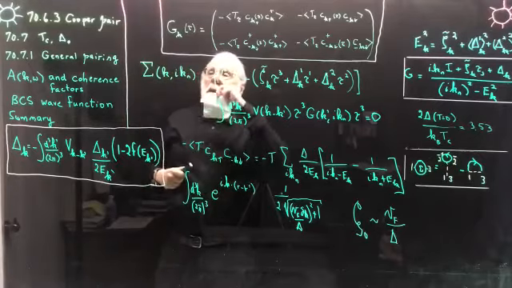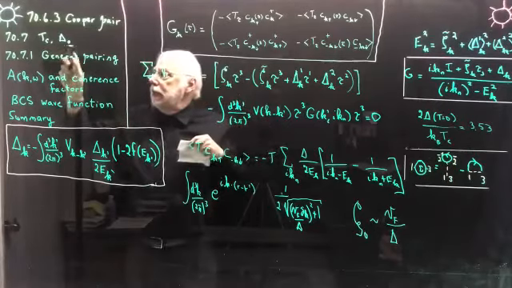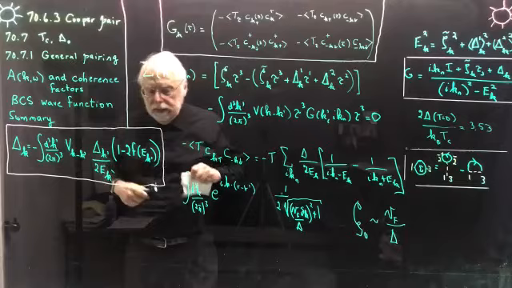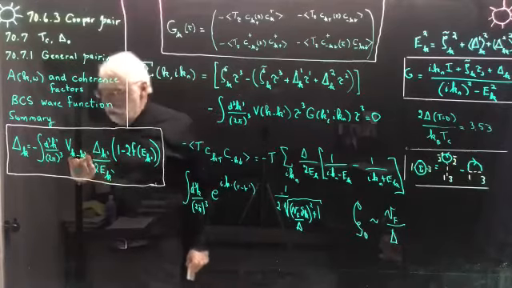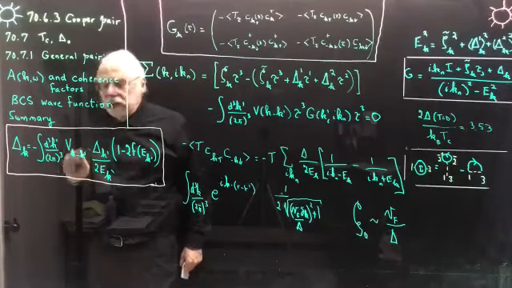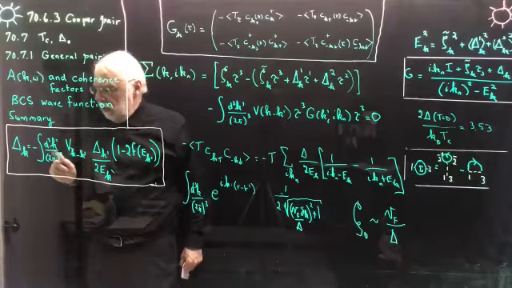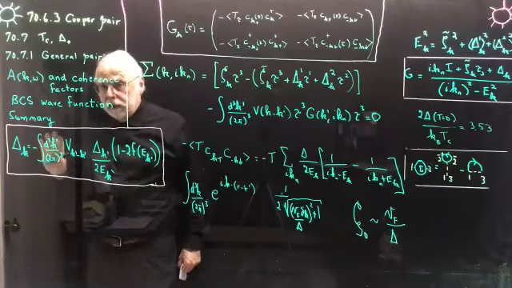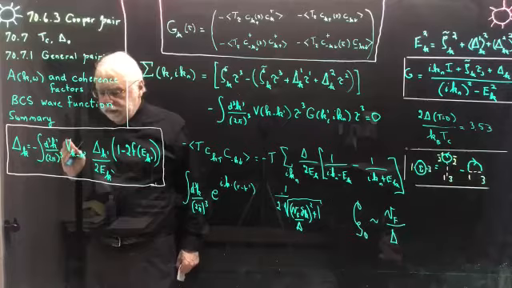Okay, so now, what about this TC and delta 0? The way we get TC and delta 0 is that we replace this V just by minus a number. This is an integral you can replace by an integral over energy with the density of states.